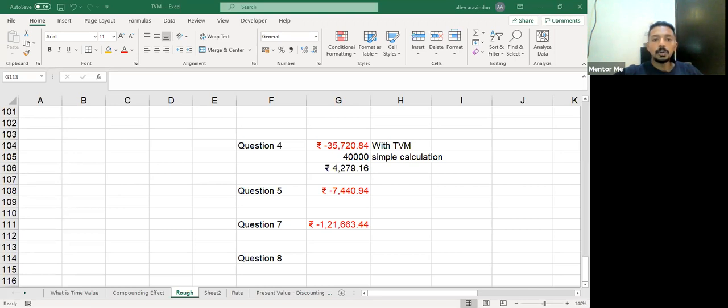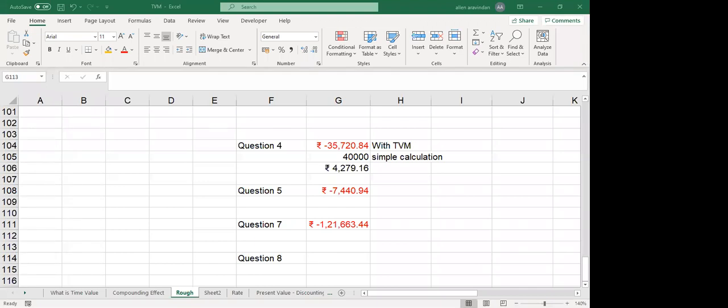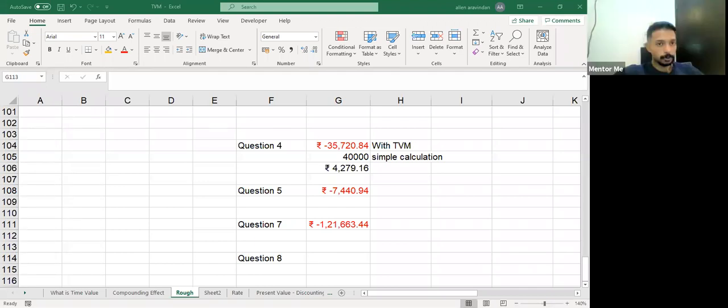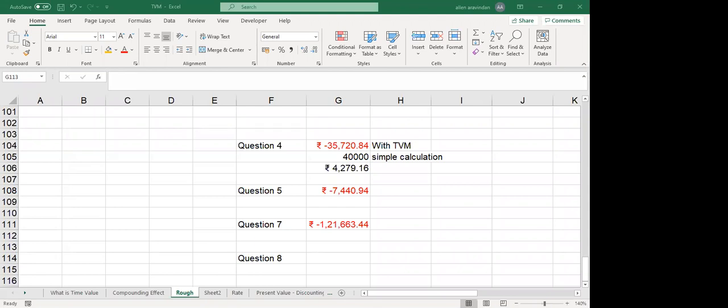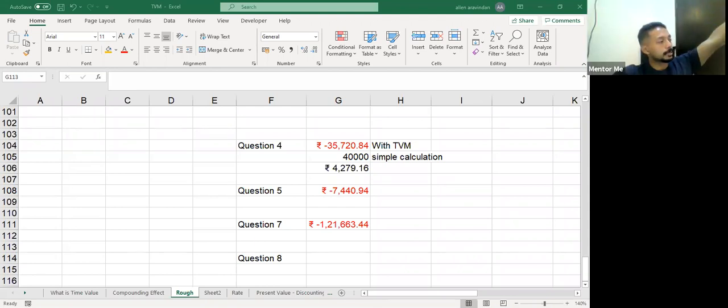For an obligation of 8 lakh which matures in 15 years. So we already know what the obligation is. What is that 8 lakh? Can anybody quickly tell me? Future value. Yeah, right. So 8 lakh, we already know what the obligation is, right?